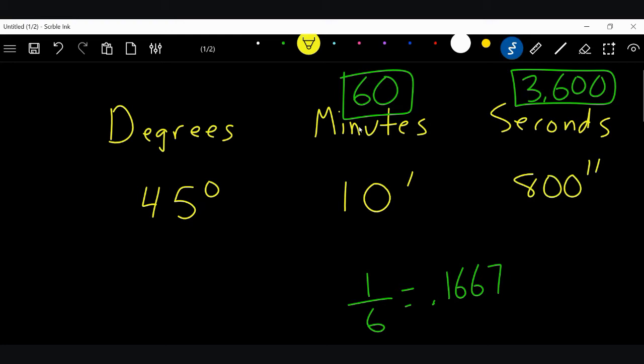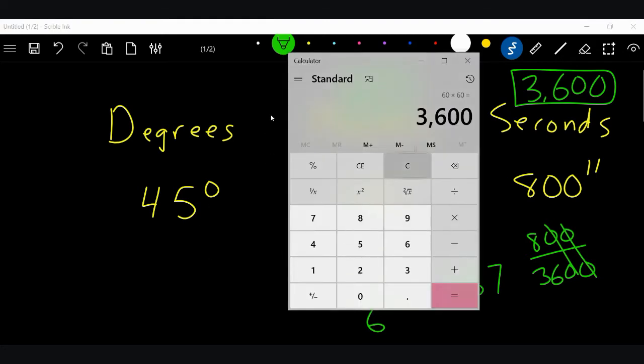Now what we would do with the seconds is put 800 over 3,600. You can cancel those out and you get 8 over 36. So we can go ahead and divide that out, and we're going to get 0.222222222.